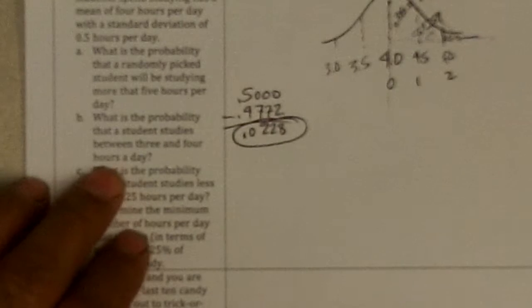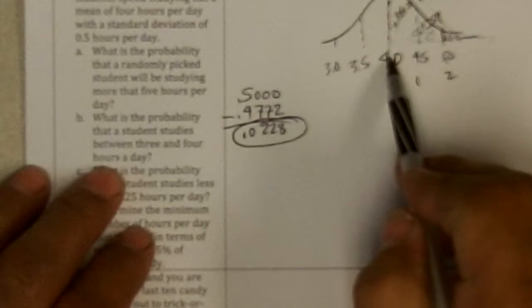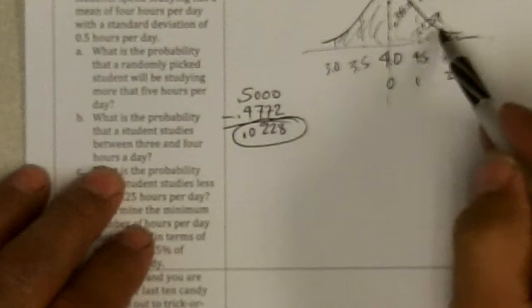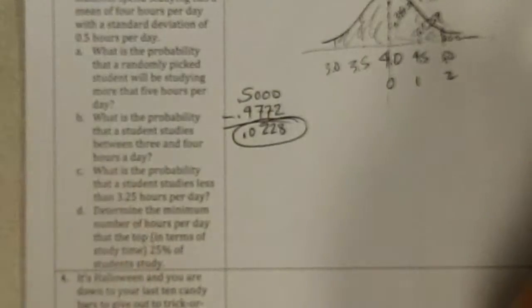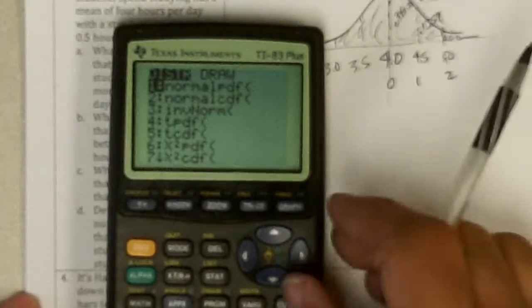What is the probability that the student studies between 3 and 4? That's these 2 sections, which is the same as these 2 sections. So you can look up a z-score of 2 on the table. You could also do it on here. Let's show how that would happen.